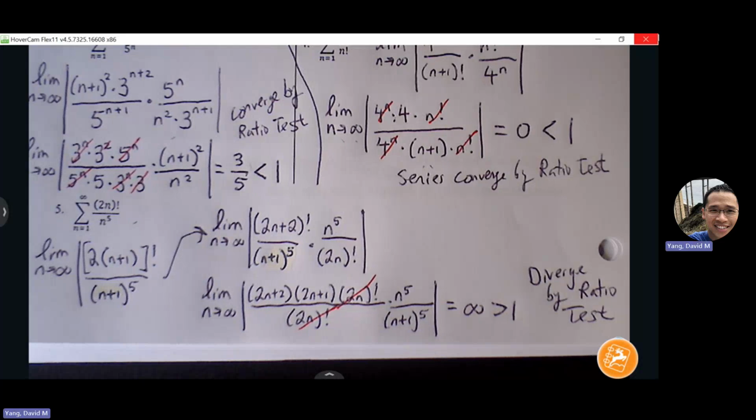Okay, let's talk about the root test. Root test has a very similar feel to ratio test, but I think it's a little bit easier. Let's go to page 49.